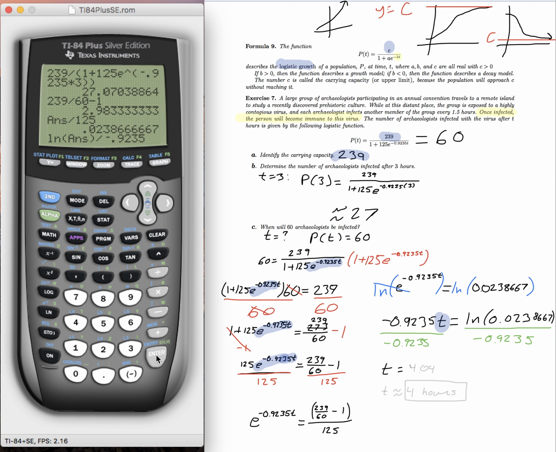Now before we hit enter, just like in other cases, it's a good idea to think about what values would make sense. On the previous exercise, we said after 3 hours, 27 people will be infected. So my intuition is suggesting that it's going to take longer for more people to be infected. So if we hit enter, we end up with 4.04.